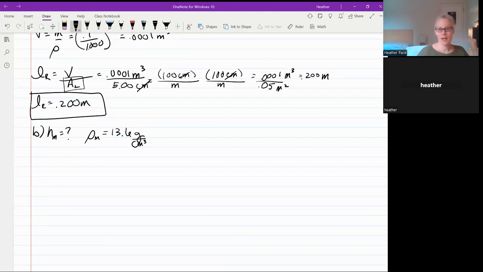Now let's go ahead and change that right away. We're going to use SI units, so we're going to go right away to meters and kilograms. 1 kilogram is 1,000 grams. And again, there's 3 centimeters, so we want to get rid of all 3 of them and get to meters.